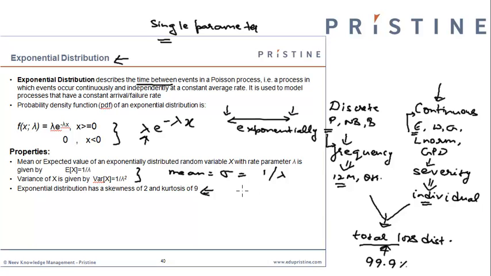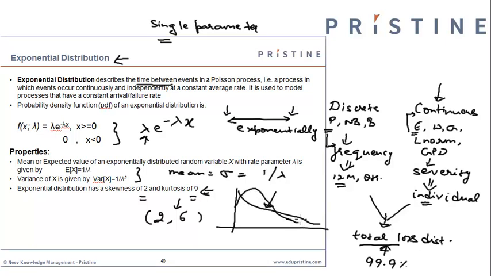By shape we mean that the distribution has a constant skewness of 2 and a constant kurtosis of 9, that is an excess kurtosis of 6. With a constant skewness and kurtosis of 2, 6, the histogram of an exponentially distributed data set will always look like this. The distribution per se cannot change in shape to something like this to fit a different kind of data set.